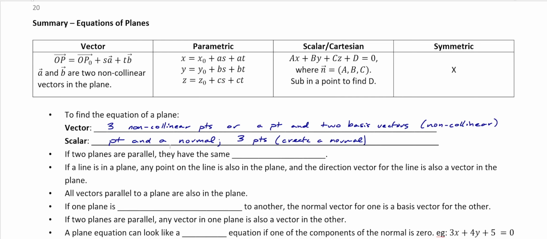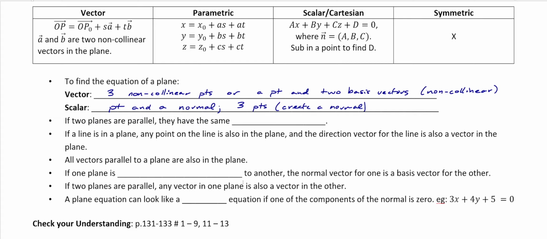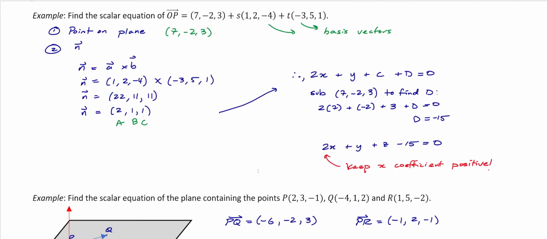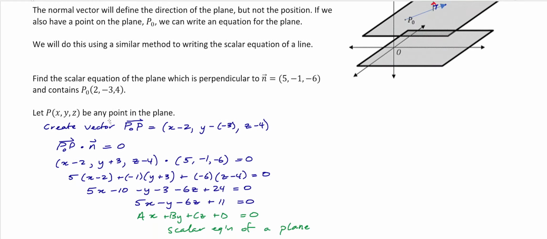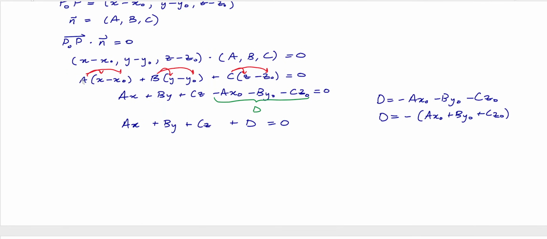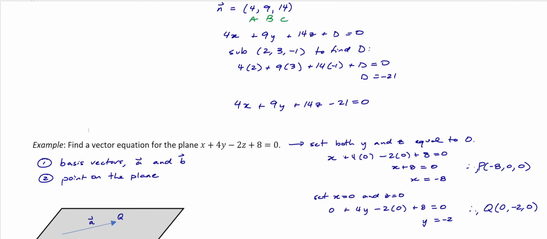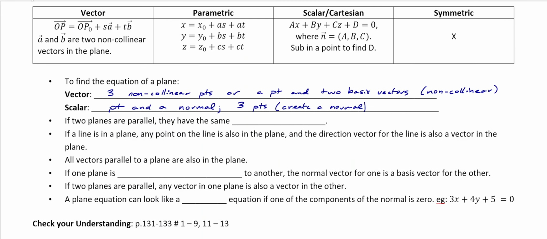If 2 planes are parallel, just like we saw right at the beginning, let's scroll really quickly right up to the beginning. If 2 planes are parallel, they will have the same normal. So let's go back and fill that out. Okay, if 2 planes are parallel, they will have the same normal.